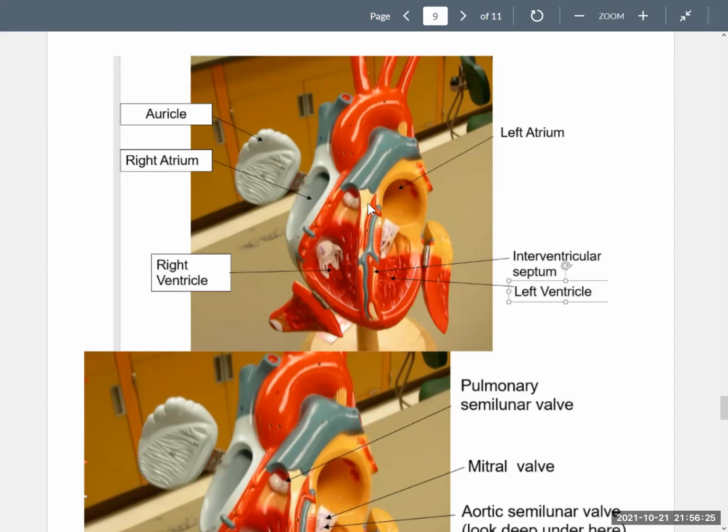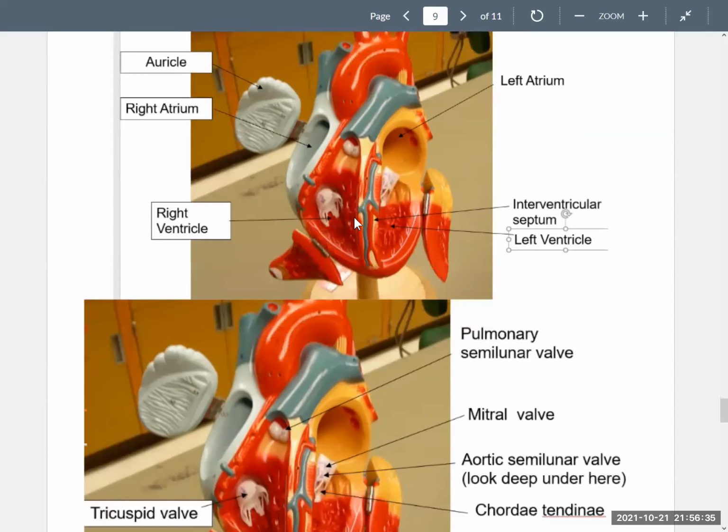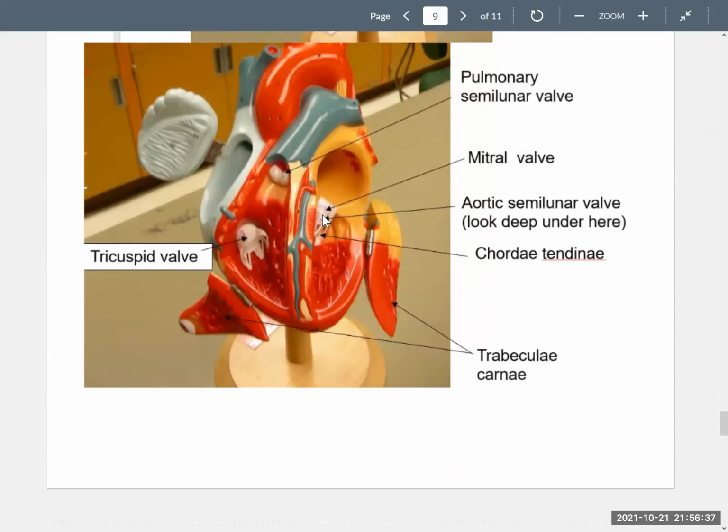If you had to choose one word to describe the IV septum, it would be myocardium. Mitral valve again, chordae tendineae, to show better over here. On the tricuspid valve, the trabeculae carneae, the roughened walls of the ventricles allow for expansion of the ventricles rather than splitting of the chambers.